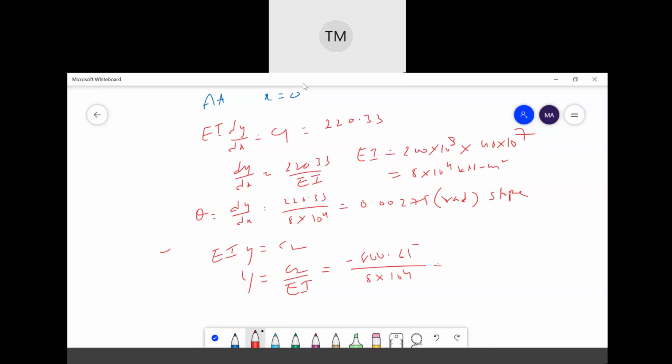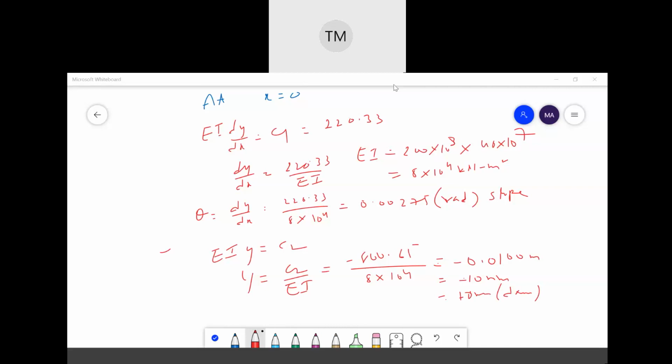You'll get a value as minus 0.0100 meters, that is minus 10 mm. Understand, this negative sign indicates that it is acting downwards, 10 mm in a downward direction, that is the deflection.